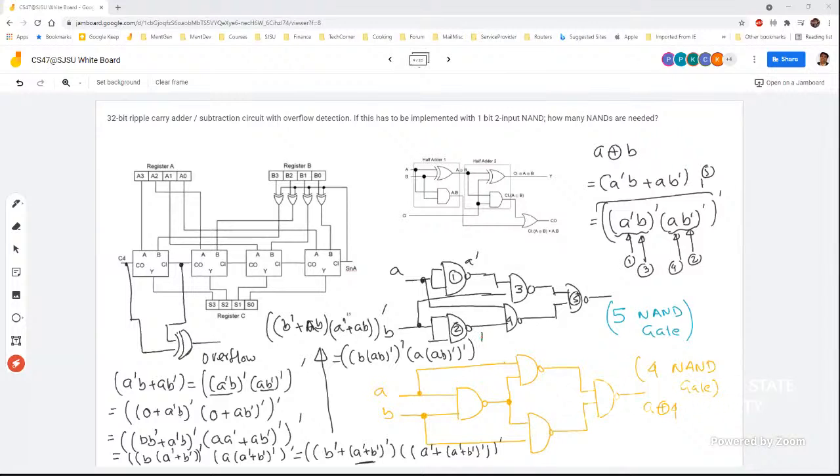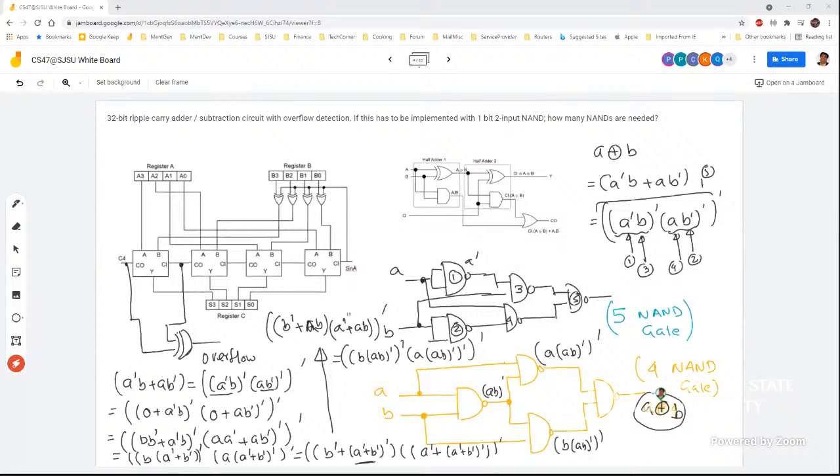So ultimately that's what we are doing. This is (AB) whole bar, this is A, (AB) whole bar, this is B, (AB) whole bar, and then we are NANDing between them, which is basically A XOR B.